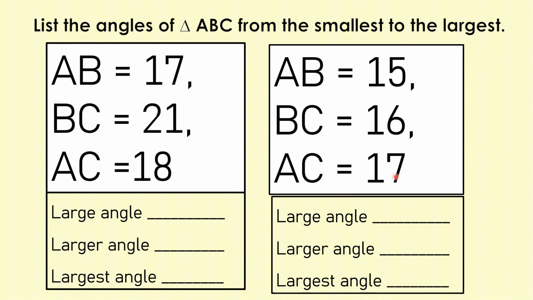Do the same thing to the second set of values. Create your triangle ABC, label AB, BC, and AC with the lengths. And then arrange the angles from smallest to largest. What should be the answer here? Okay, the answer should be angle A, angle B, or angle C, for all the three blanks.